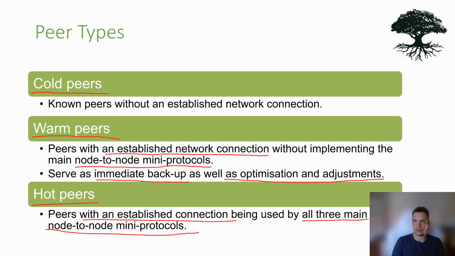Those are the chain sync protocol, the block fetch protocol, and the TX submission protocol. I think I maybe got some of the names wrong, but those are the three main node-to-node mini protocols, and it means that the connection is actively being used to sync the blocks and the transactions between the nodes.